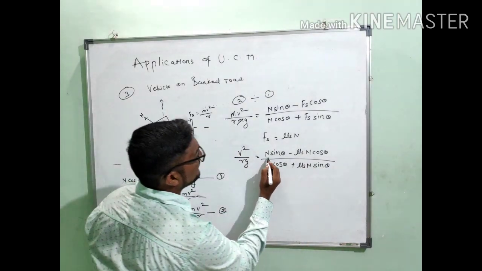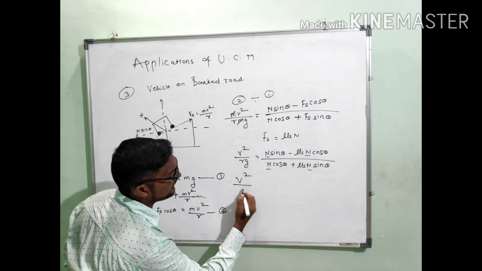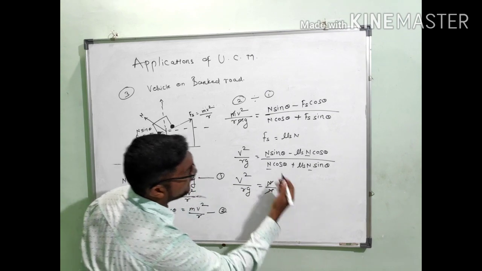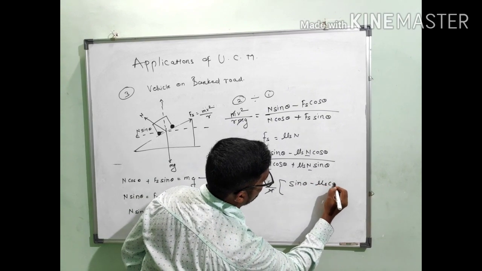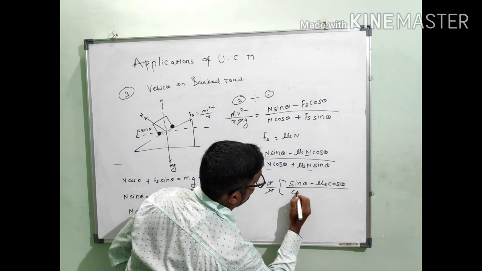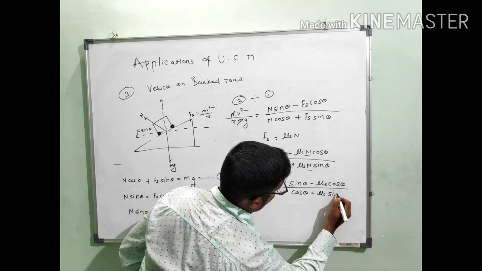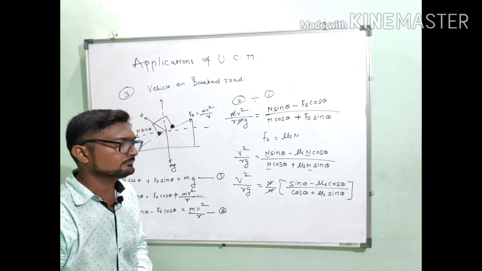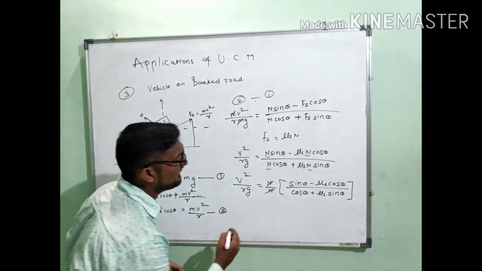Here N is common and gets cancelled. So v square upon Rg is equal to (sin theta minus mu s cos theta) upon (cos theta plus mu s sin theta). Again we will divide each term by cos theta, up and down.